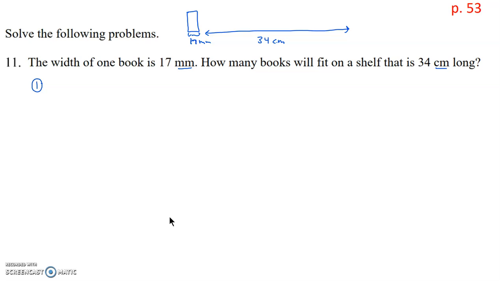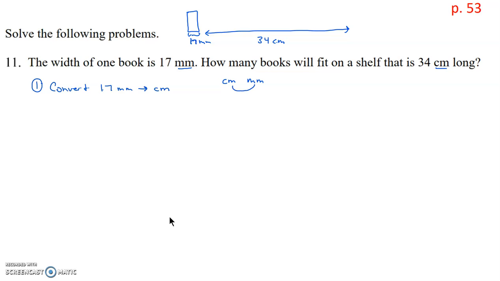You could go the other way, so really it doesn't matter if you want to convert millimeters to centimeters or centimeters to millimeters. You'll get the same answer either way. I'm going to convert the 17 millimeters to centimeters. That's what I've decided to do. We know on our metric line that millimeters and centimeters are next door.